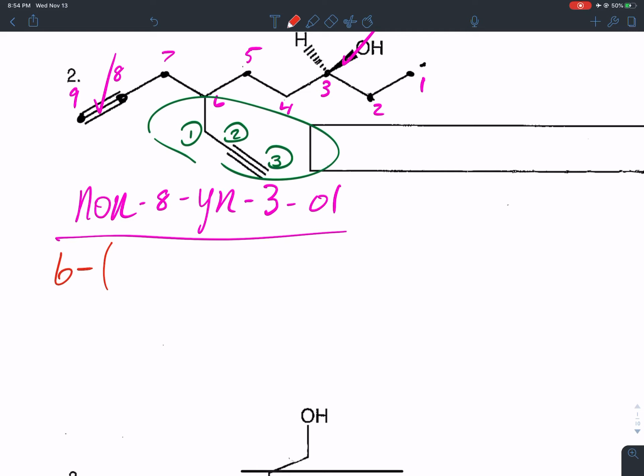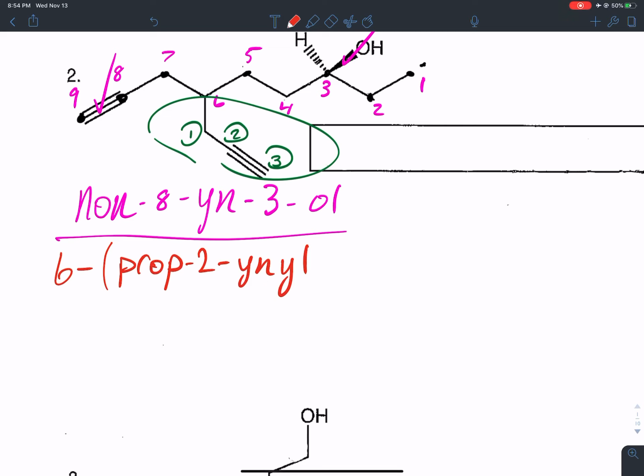It's no longer part of the parent, so we need to identify it as a substituent. So we have prop. Where's the yne? We have prop-2-yne, and you end this ynyl. So it's sort of like how you do an ethyl or an alkyl with the yl. Even though it's yne, we're still going to end in yl.